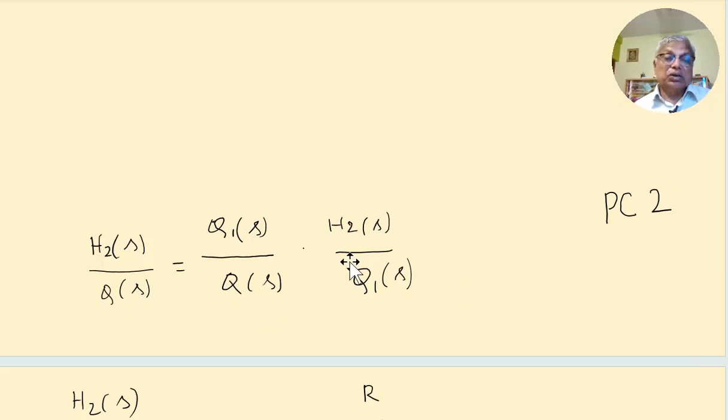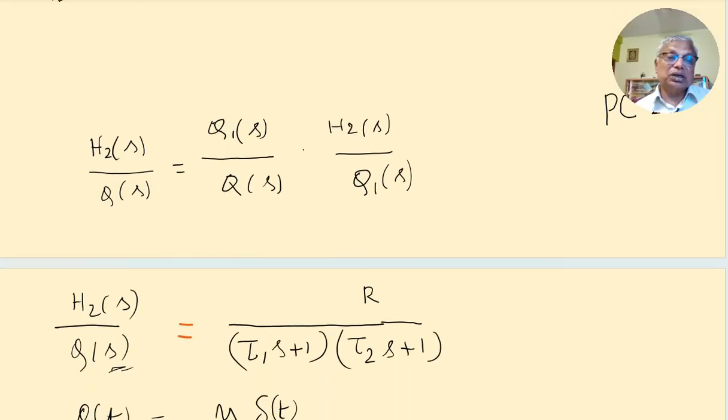Well, so now let us substitute Q1(s) and Q(s) into these two transfer functions. What is Q1 by Q? Q1 by Q is simply 1 by tau 1 s plus 1.